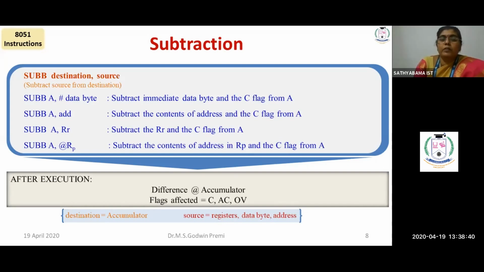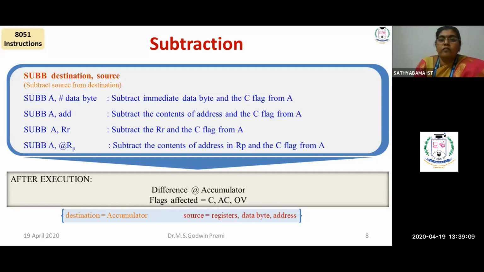So coming to the next one, SUBB A, comma, Rr. For example, SUBB A, comma, R3. A is having some 05. R3 is having 02. That means 05 minus 02 and the carry. Carry is 0 means 05 minus 02 minus 0. So you will be getting 02 or 03 based on your R3 content.